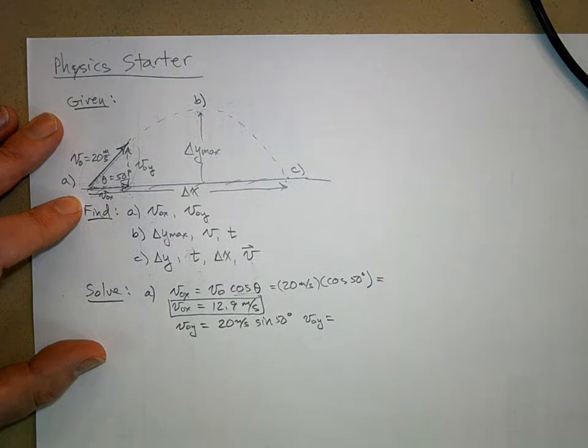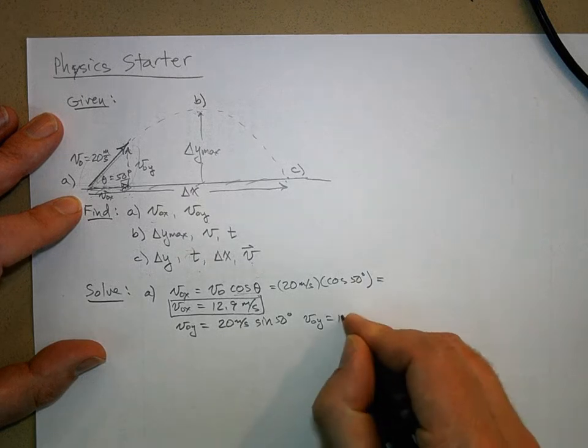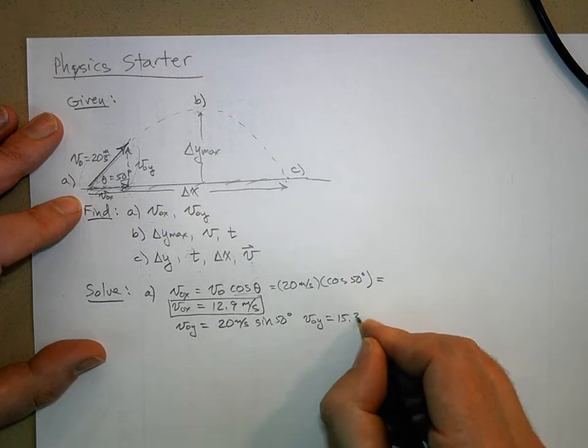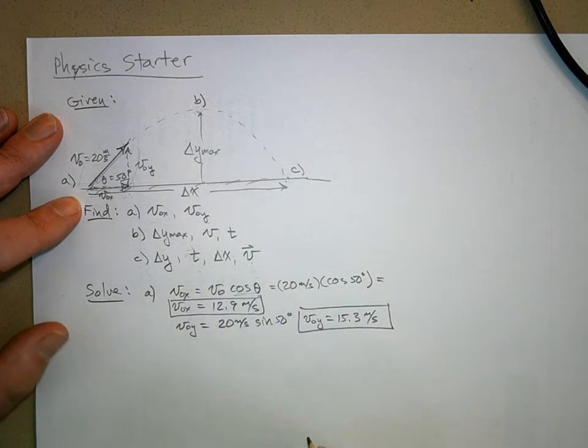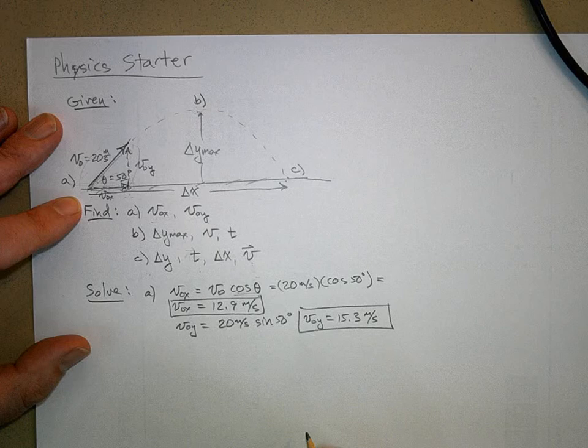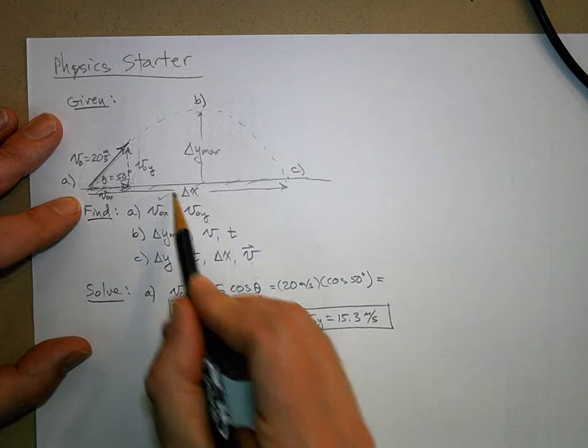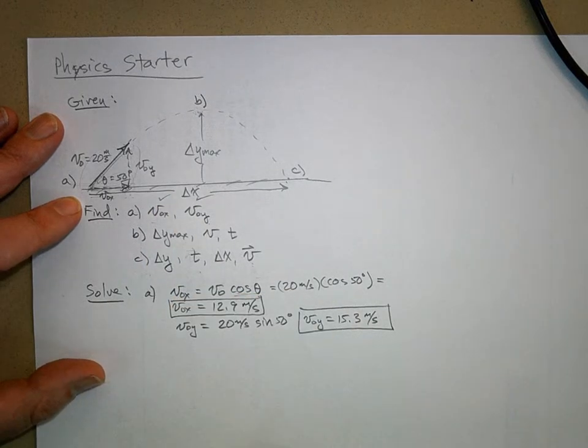So 20 times the sine of 50 degrees, and you get 15.32, or 15.3. And we're done with part A. We got those.